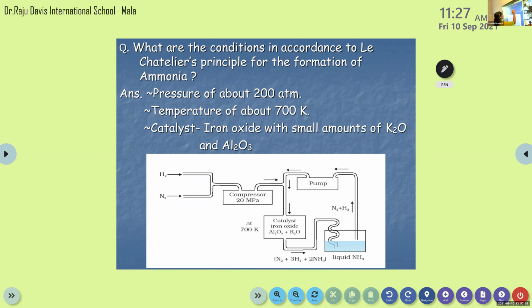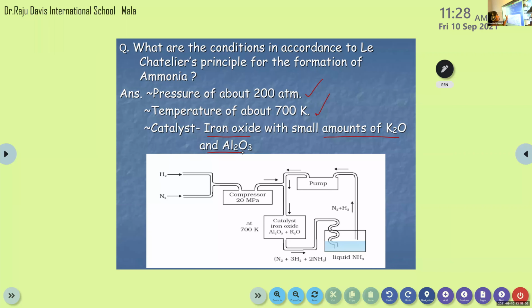First one, pressure of about 200 atm. Pressure should be near to 200 atm. Clear, children? Then the temperature of about 700 Kelvin. Then the catalyst used here, iron oxide with small amount of potassium oxide and aluminium oxide.